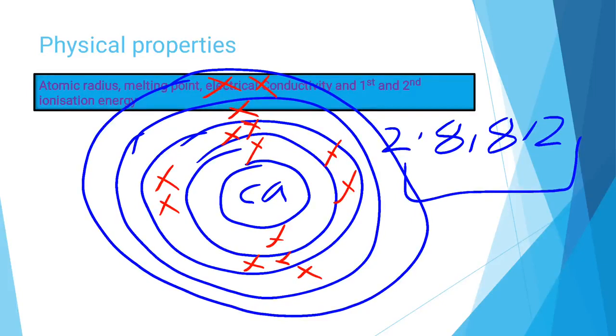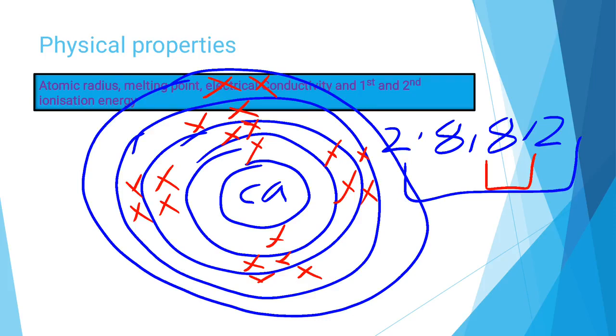And then now the third energy level for calcium is also complete. So we complete this one with more electrons, so that now we have the first energy level having 2 electrons, the second energy level with 8 electrons, the third energy level with 8 electrons, and then the last one having 2 electrons.